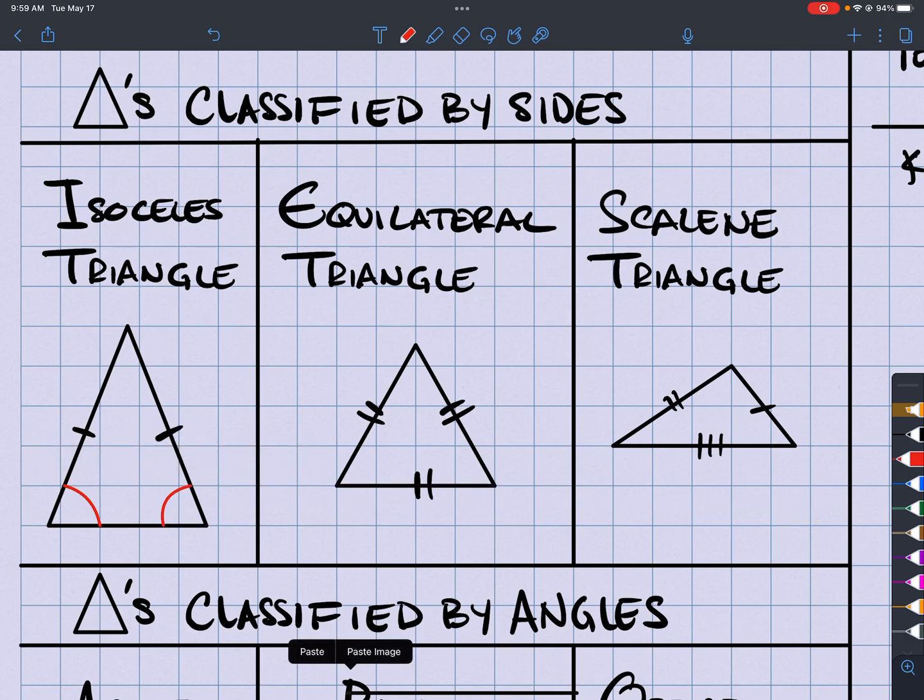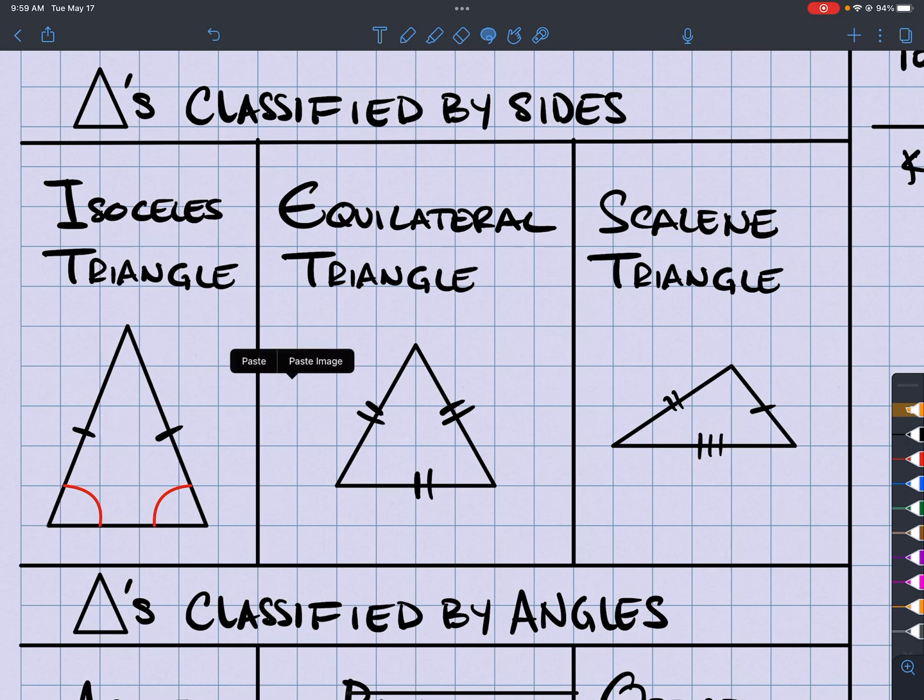But because we don't classify them by angles, we wouldn't call it that. We would just leave it with the sides, but the fact that their angles are also equal, we kind of have to know that fact, okay?